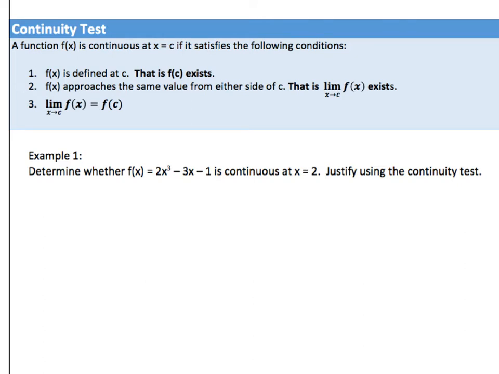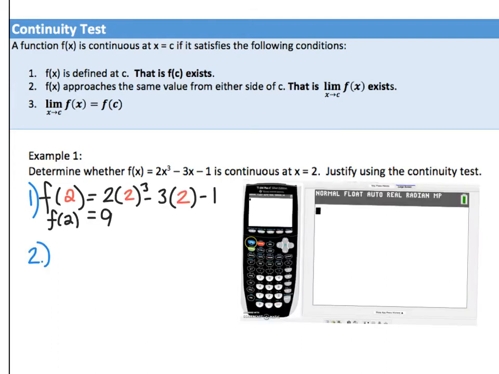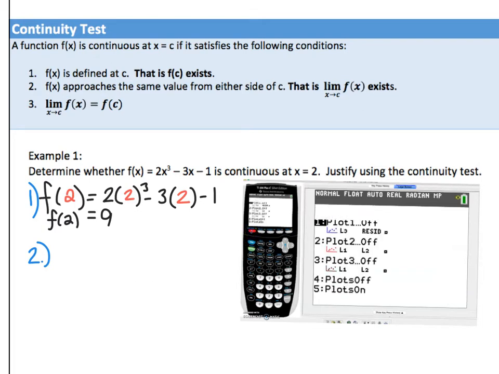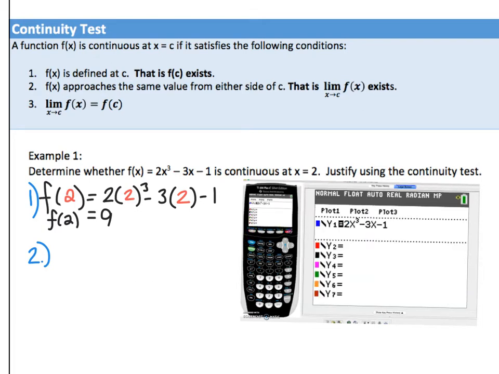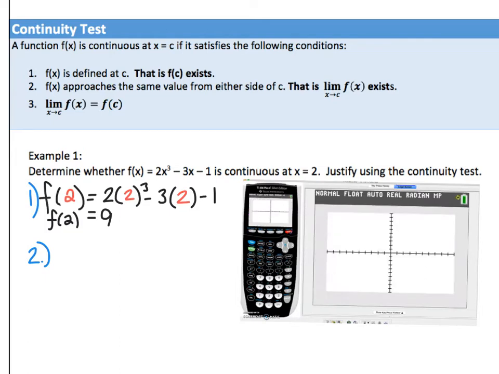This is easiest to understand with an example. So first, to see if it's continuous at x equals 2, just plug 2 into your function. To see that the limit of f of x exists as x approaches 2, I'm going to go to the graphing calculator. So to check the limit as x approaches 2, I like to look at the graph, type it. Zoom 6 will take you to the standard viewing window, and I just kind of check if I see any discontinuity.